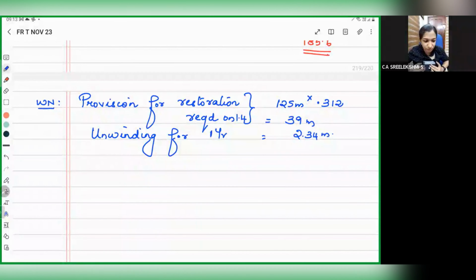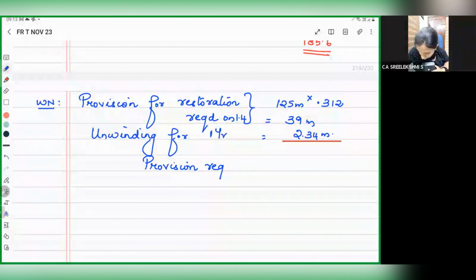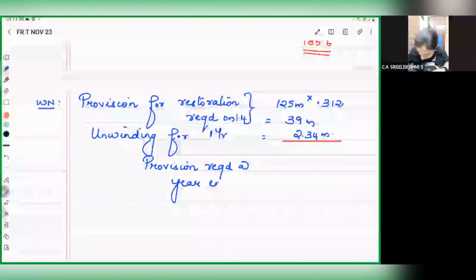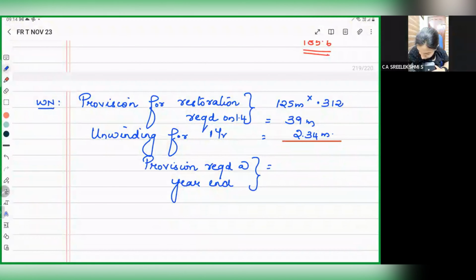Unwind ചെയ്യണമായിരുന്നു. 2.34 should have been unwinded. So provision required at year end, 41.34 million.